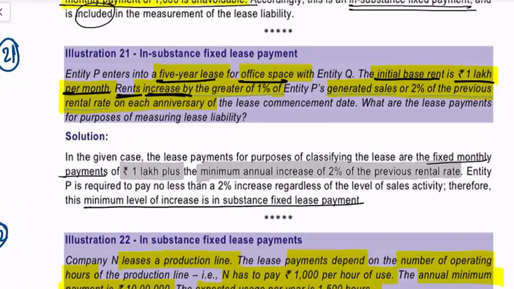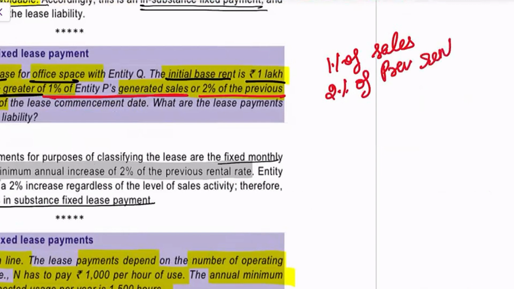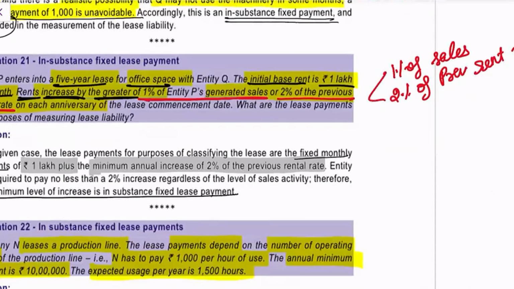The rent is going to increase by whichever is higher of 2 options: either 1% of P's generated sales, or 2% of the previous rental rate. Whichever is higher, according to that, annually your rent is going to increase. Right now, the rent is, suppose, 1 lakh.